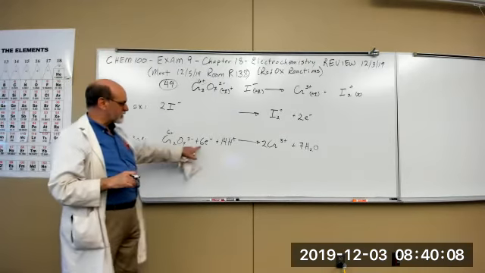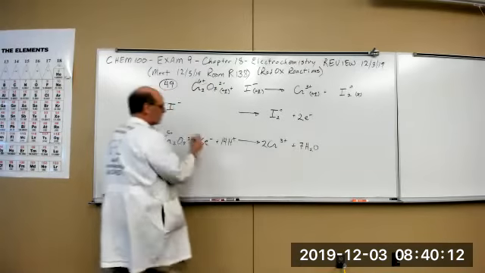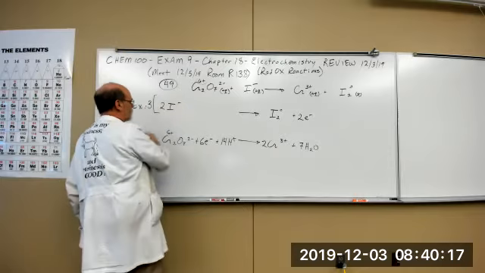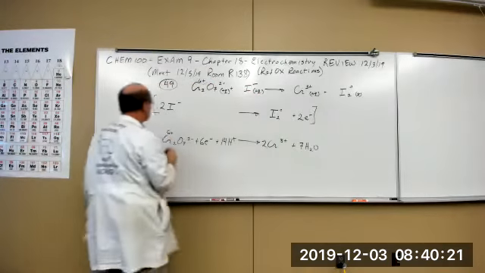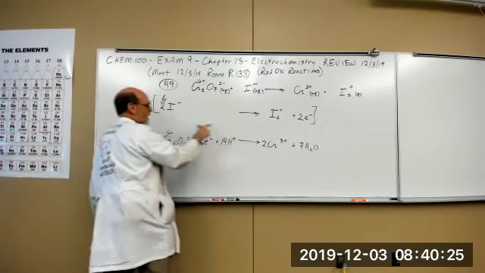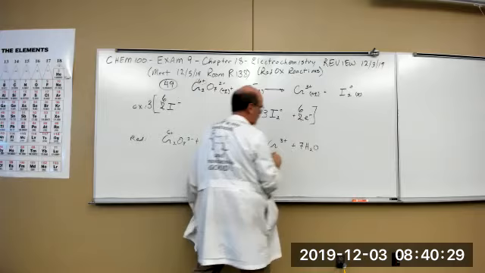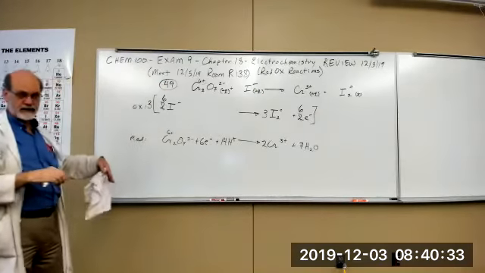So if we're going to add 6 electrons here, we have to end up with 6 electrons there. So that means times 3. So 3 times this is 6, and 3 times this is 3, 3 times that is 6. So now we have 6 electrons on both sides, and they will cancel when we add them together.